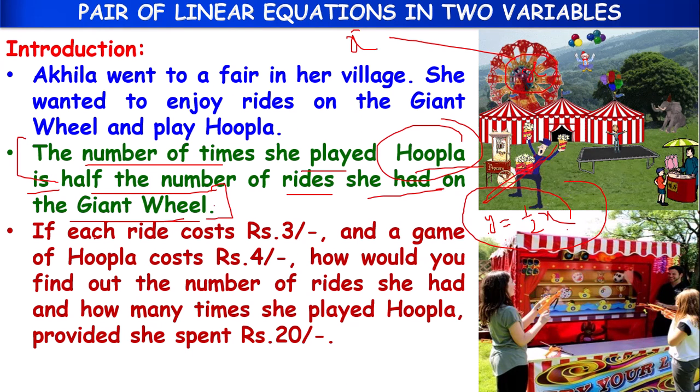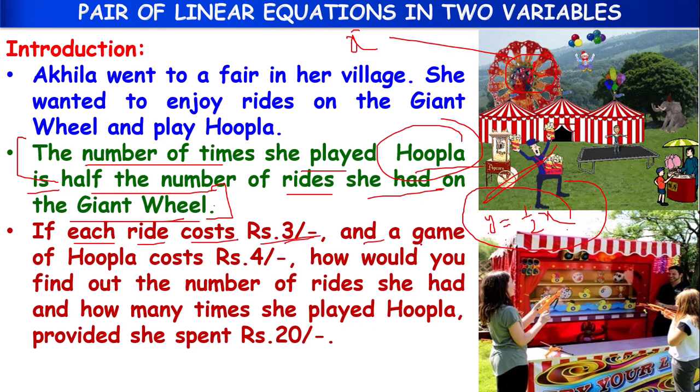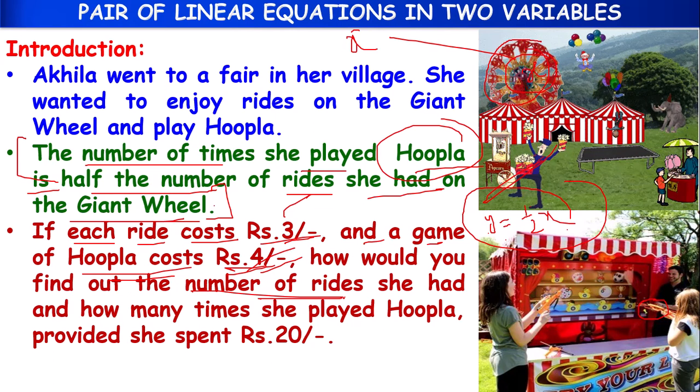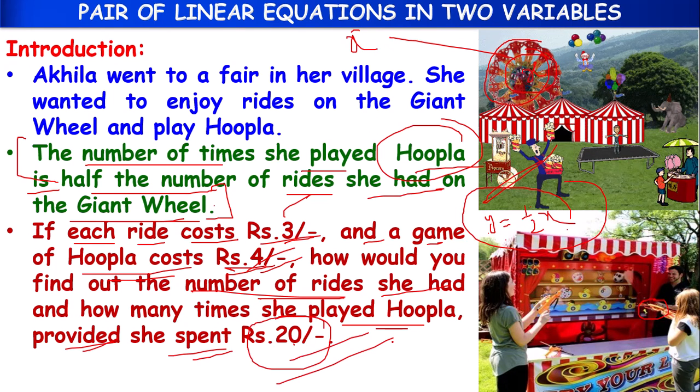And one more thing, each ride costs ₹3 and a game of hoopla costs ₹4. Means for one ride on the giant wheel she has to pay ₹3, and for playing one hoopla game she has to pay ₹4. So how would you find out the number of rides she had and how many times she played hoopla, provided she spent ₹20 altogether?